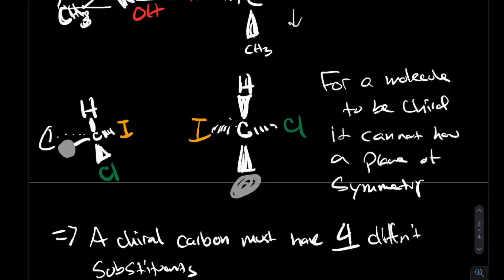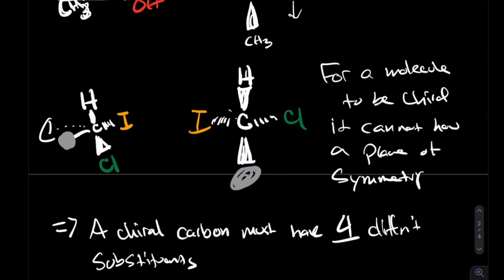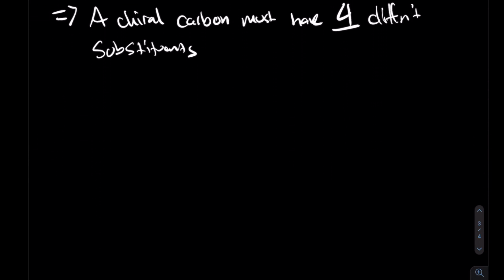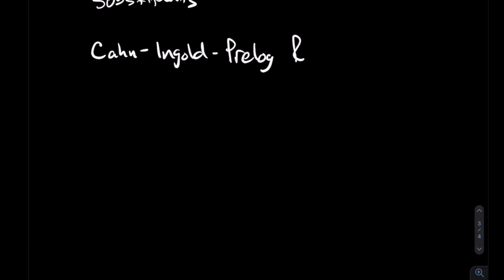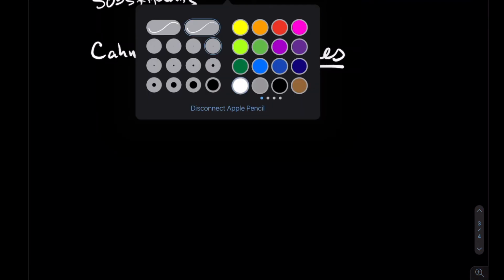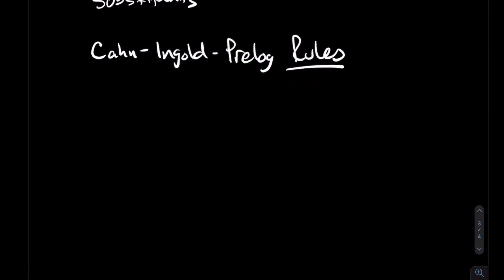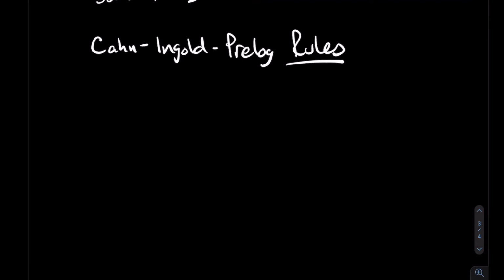And the naming convention for chirality is the Kahn-Ingold-Prelog rules. In the Kahn-Ingold-Prelog rules, essentially it's just about counting big atoms. So if you want to count big atoms and number them, that's the first step.